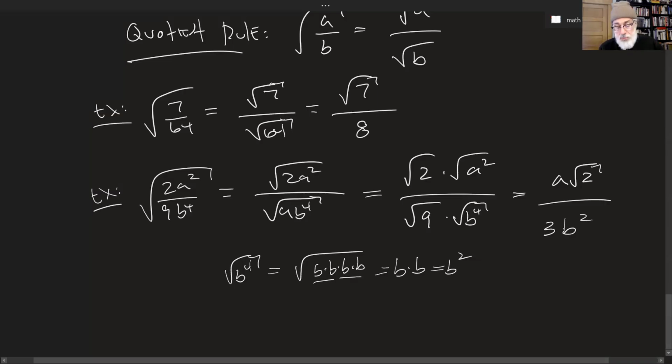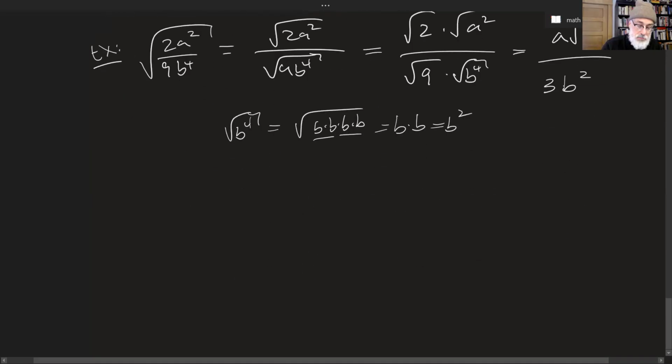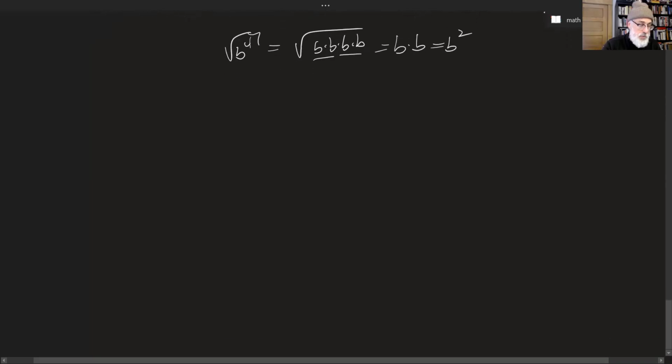So again, these are real numbers. So radicals, we should be able to add and subtract. And we'll start with the square roots.